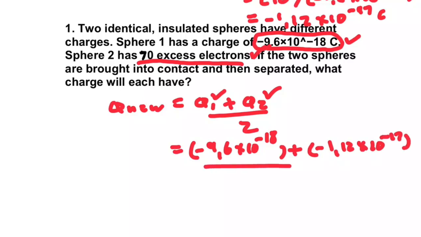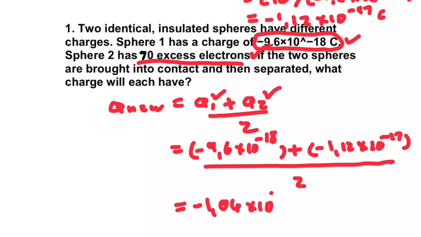Everything divided by 2. The new charge on each sphere will be minus 1.04 times 10 to the minus 17 coulombs. So this will be the new charge on each sphere. They are going to have the same charge.